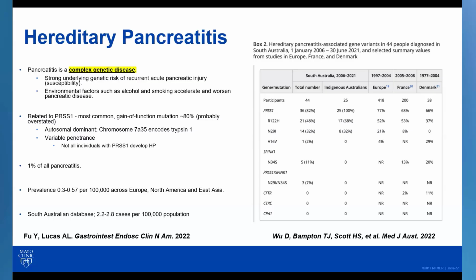And this is a table coming from an Australian study that highlights disease incidence over 20 years' worth of data in each of these continents. So if you take Europe as an example, over 400 patients have had genetically induced disease, the majority of which were PRSS1, but you get to see less SPINK, less CFTR, and this is likely because of lack of testing, not necessarily because this mutation has not been discovered.